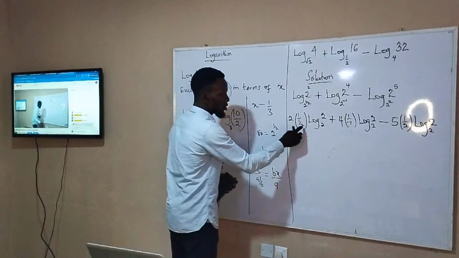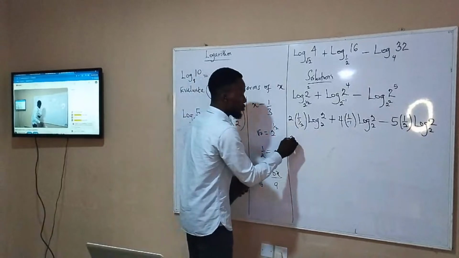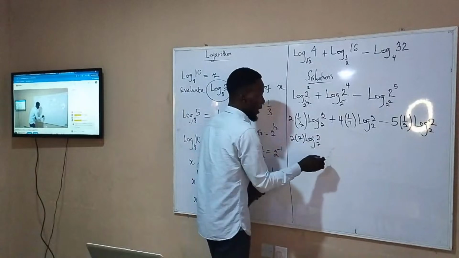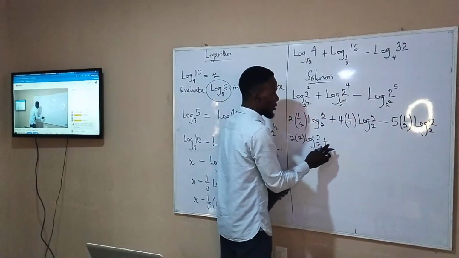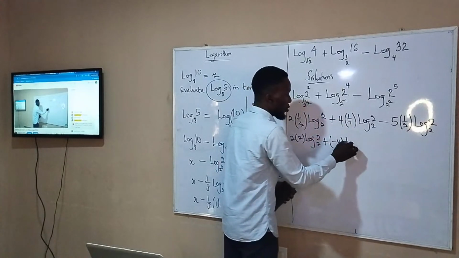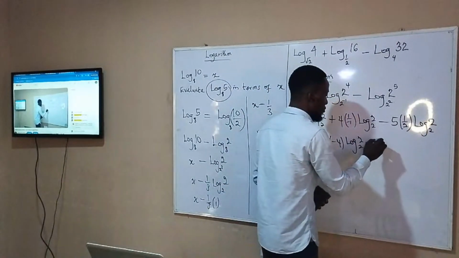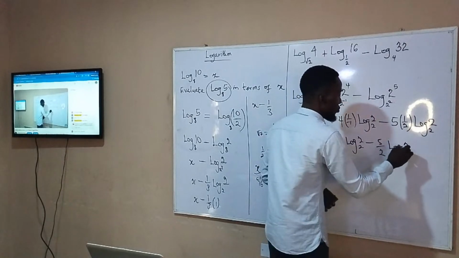So here it is 2 times 2, log 2 base 2, plus 4 times minus 1, which is minus 4 log 2 base 2, minus 5 times 1 over 2, which is 5 over 2 log 2 base 2.